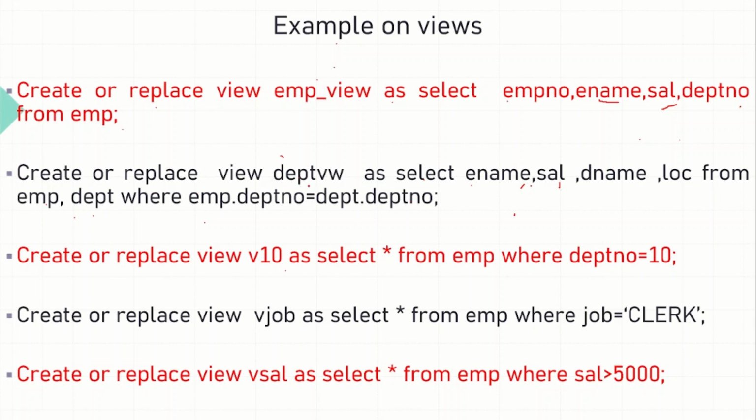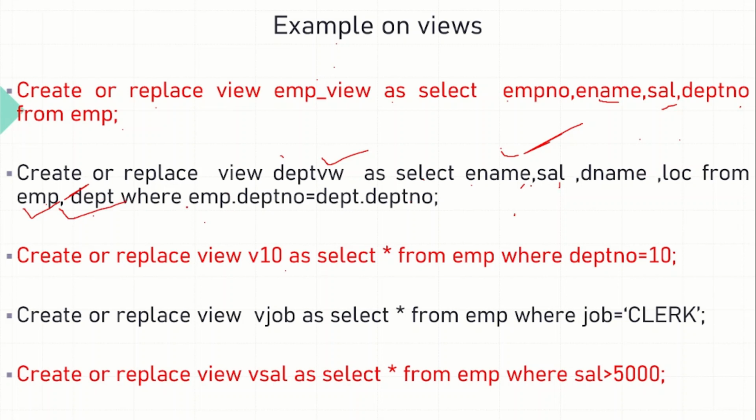This is the name of the view. It will have empno, ename, salary. These columns will come from table emp, and these two columns, dname and location, belong to the table department.